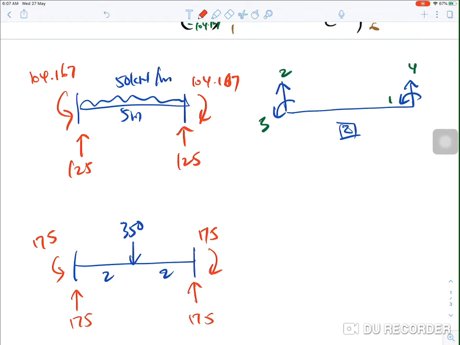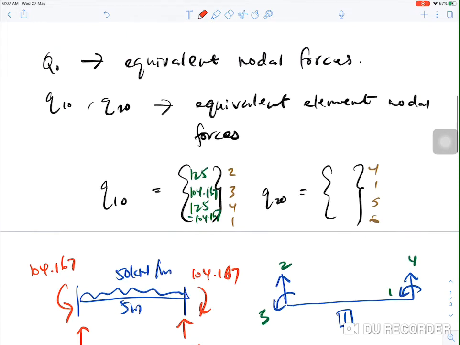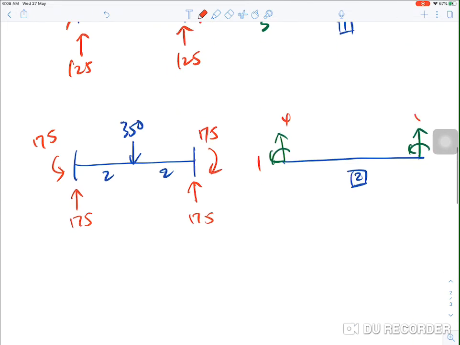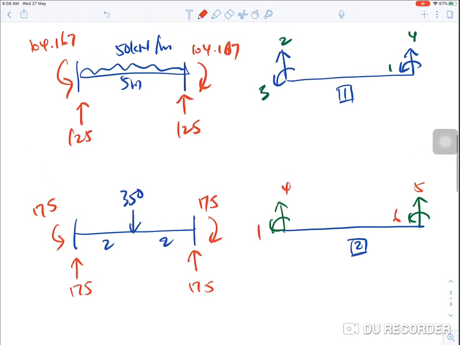Okay, for the degree of freedom, this is element number 2. The previous one is element number 1. So the label for degree of freedom is 4, 1, 5, 6.